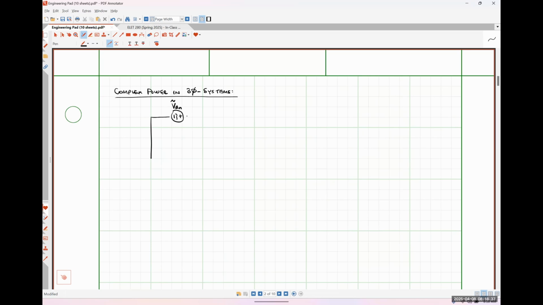So there's my RMS phasor voltage VAN, my RMS phasor voltage VBN, my RMS phasor voltage VCN, my transmission line network, which will be balanced, so it'll just have an impedance of ZW on each phase.